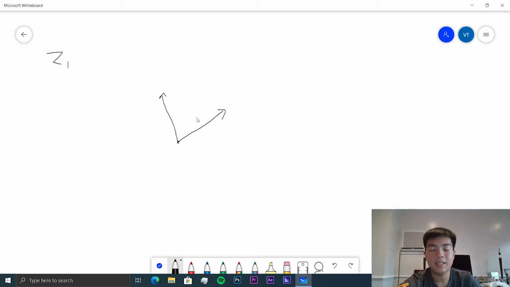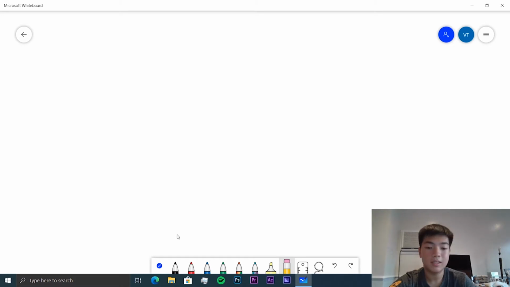To add these two numbers together, we would have to construct a rectangle with these two as points. Actually, that's a pretty bad rectangle. And so we would get this. But in order to do that, we would have to convert back into Cartesian form. So yeah, we need to skip addition for now.